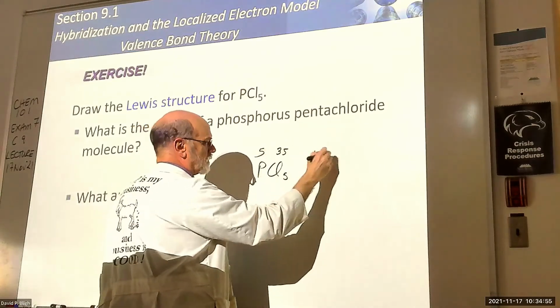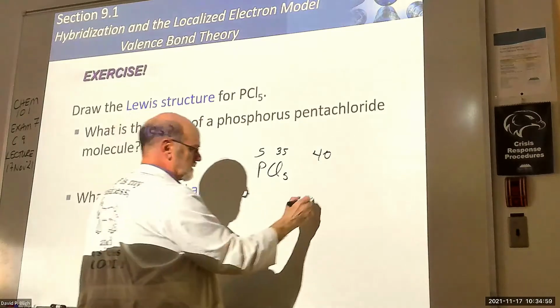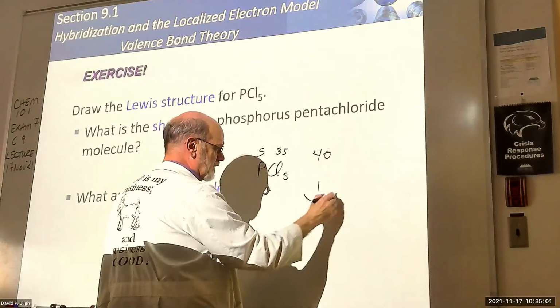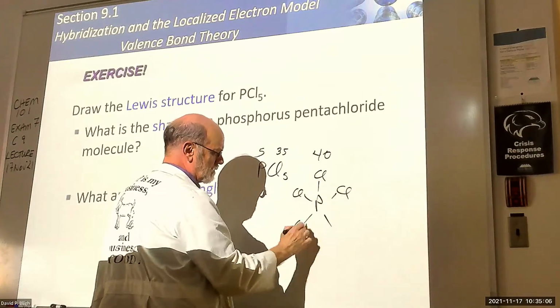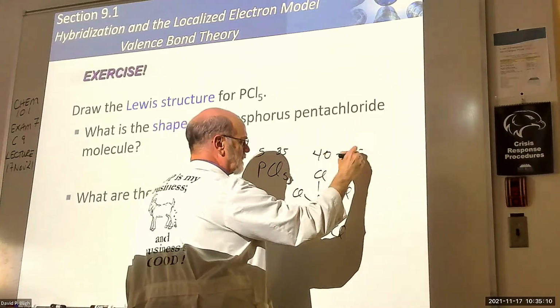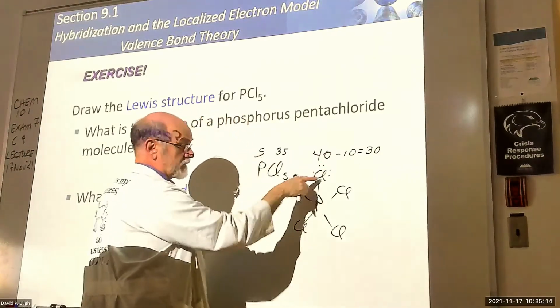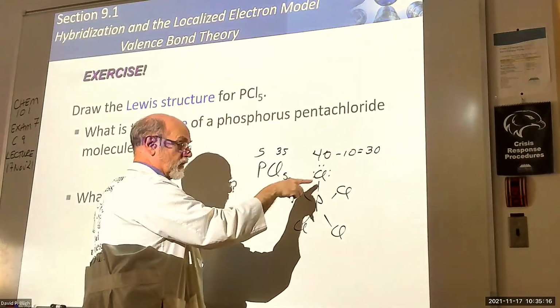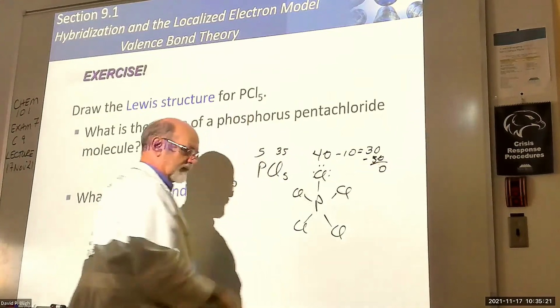That means 40 total. So let's bond everything together, the 5 chlorines. 2, 4, 6, 8, 10. Then 6 electrons around each chlorine times 5 is 30. So we use them all up.